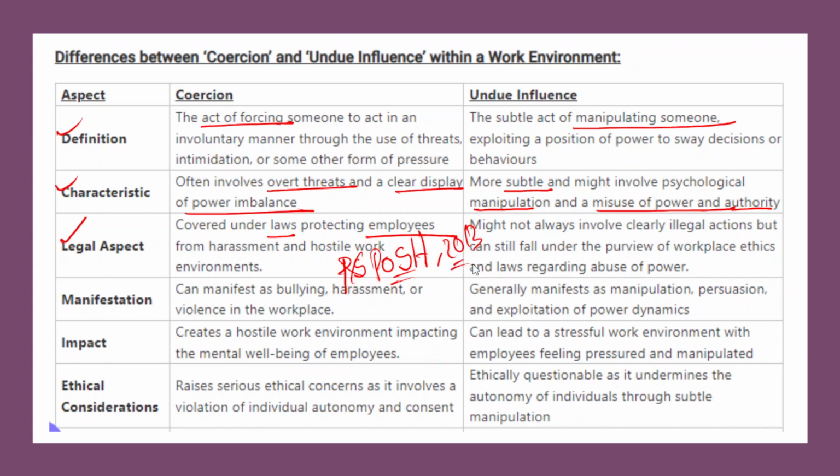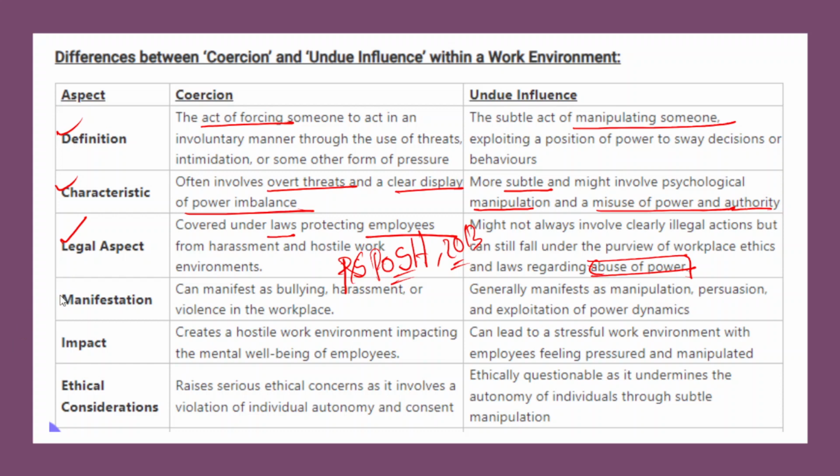On the other hand, undue influence is not often illegal, but it is still considered a part of workplace ethics and laws regarding abuse of power, because it is a clear abuse of power when someone is using his or her position to further their personal benefits. It is a clear abuse of power on the part of that individual.